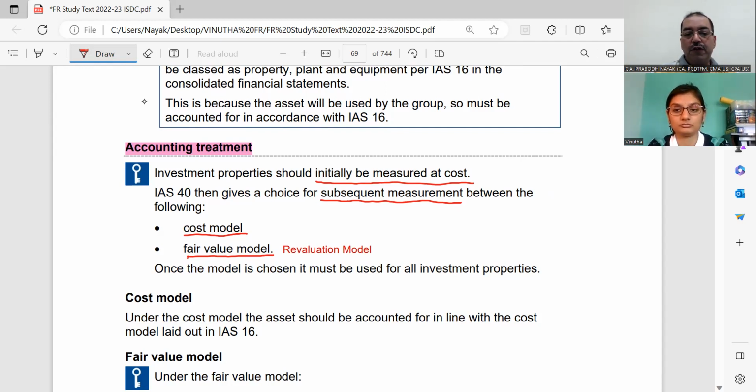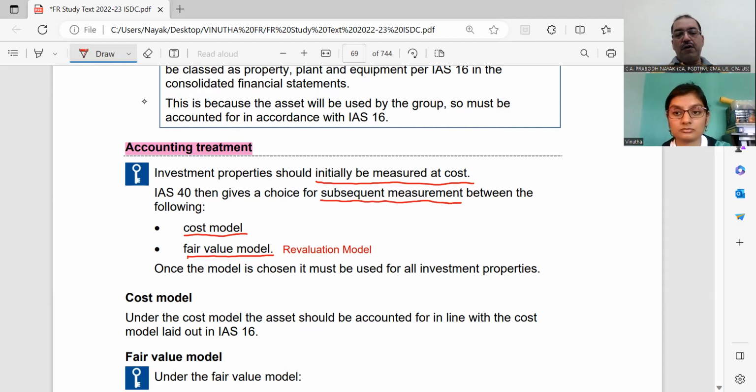Once the model is chosen, it must be used for all investment properties. So once you select a particular model, either the cost model or the fair value model, then you have to apply that for all the property classified in that category.